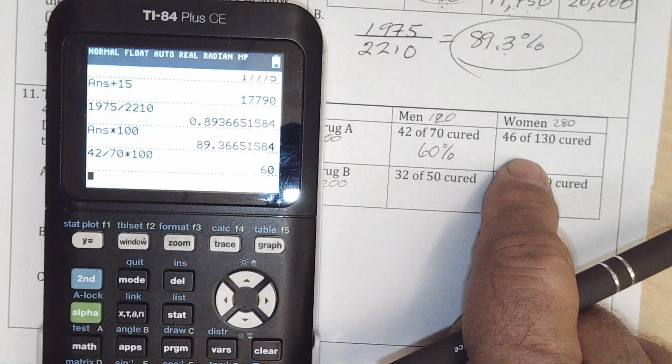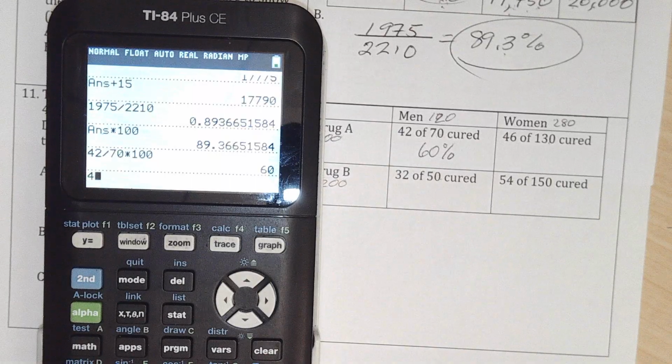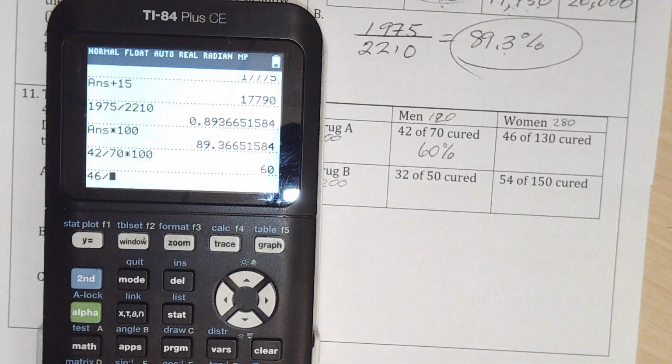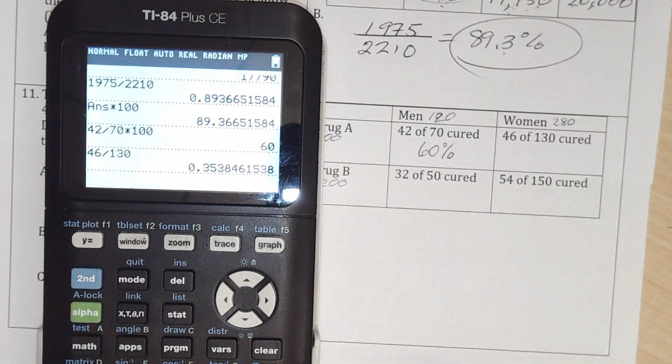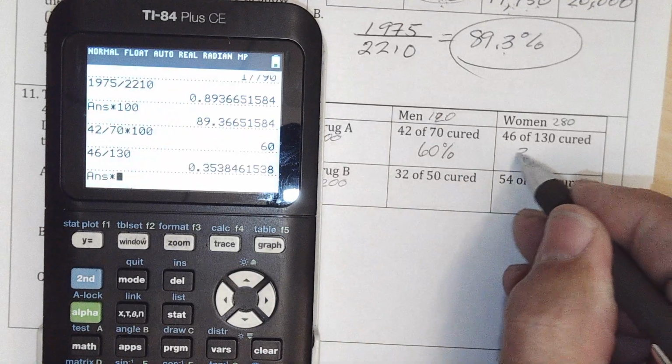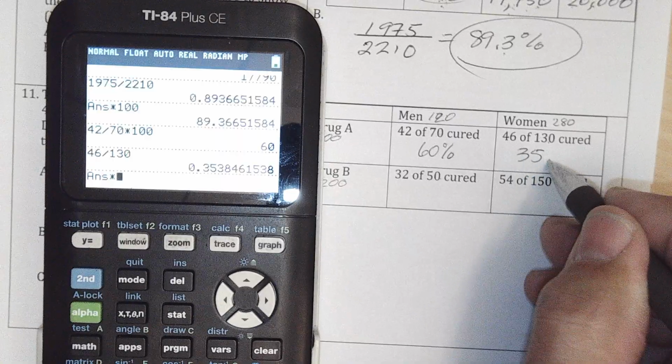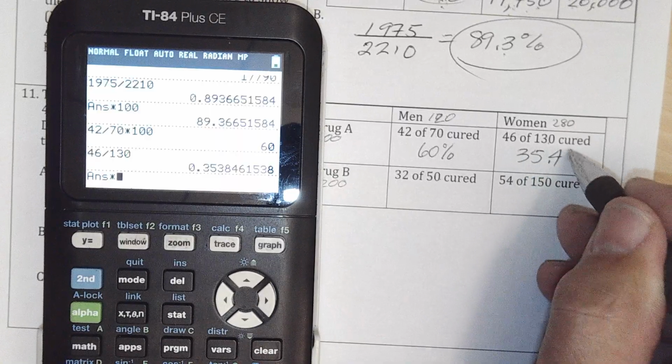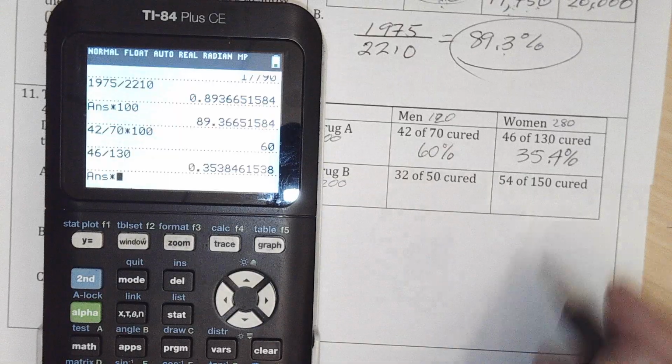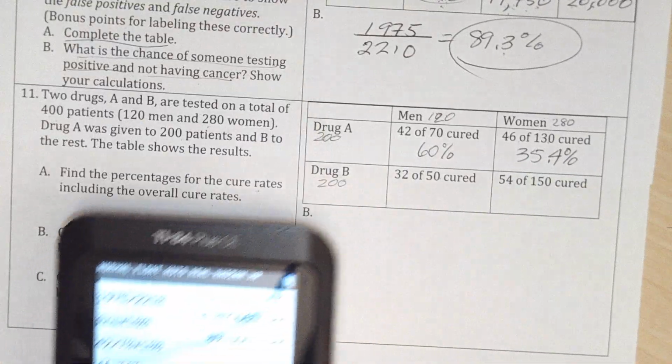Let's see what percent of the women are cured. 46 divided by 130 times 100 would be 35.4%. Should only do a couple, but that's close enough.